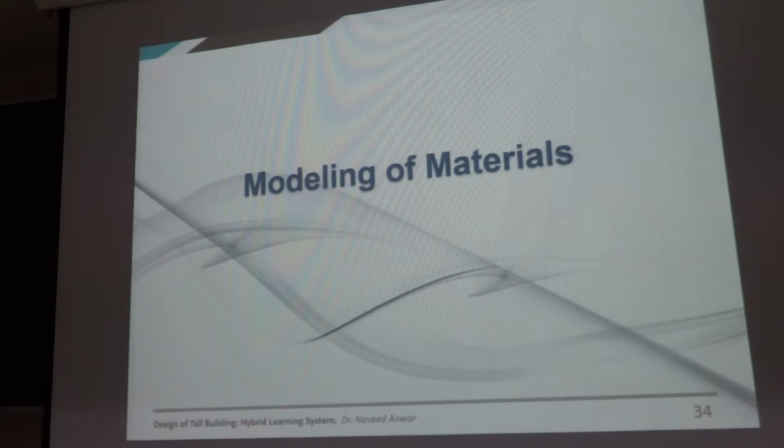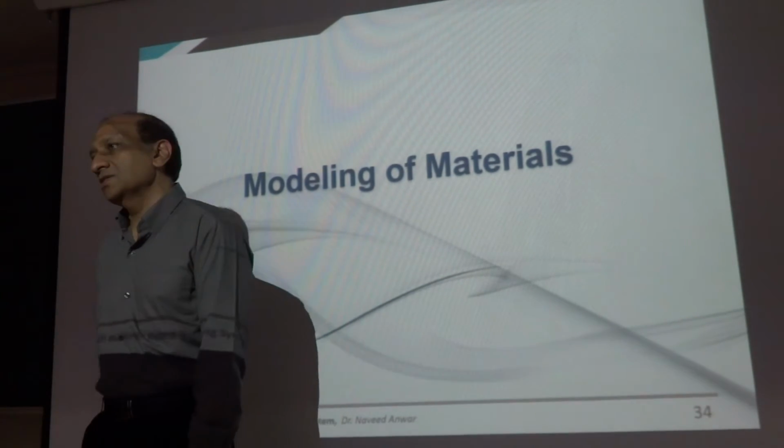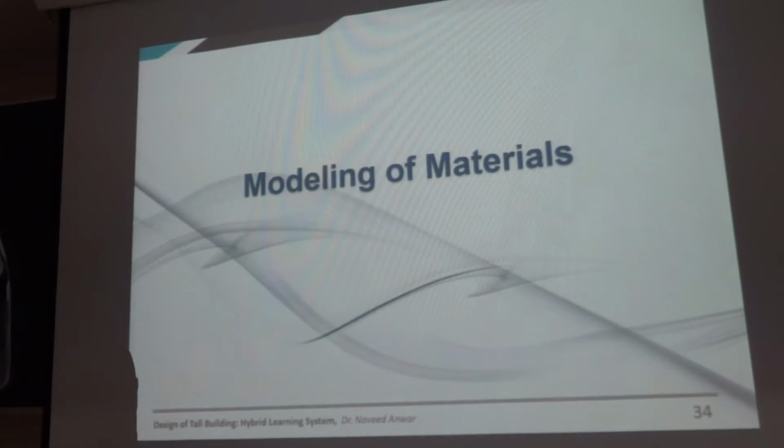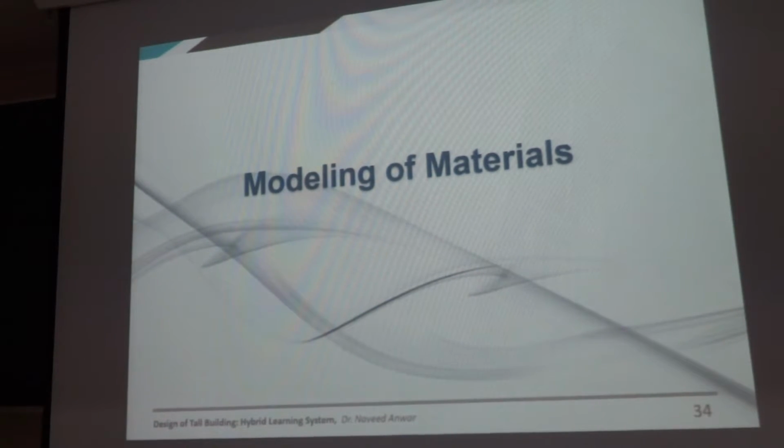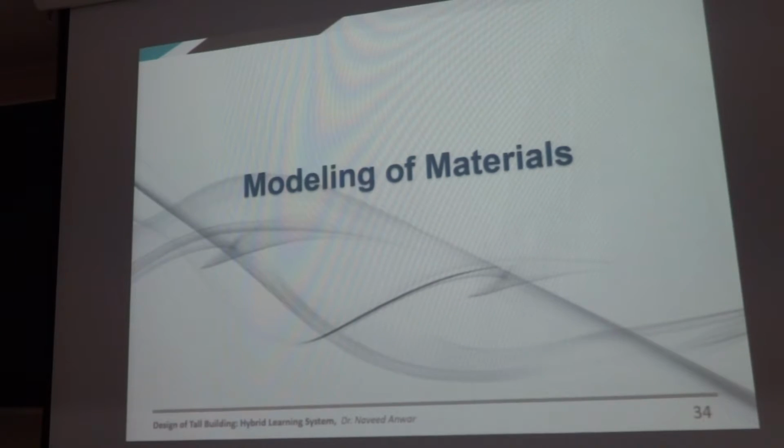Now we come to important things. As you know very well, the most important, most difficult, most complicated part of the finite element modeling, which separates one field from the other, is what? Material. Human heart versus concrete.